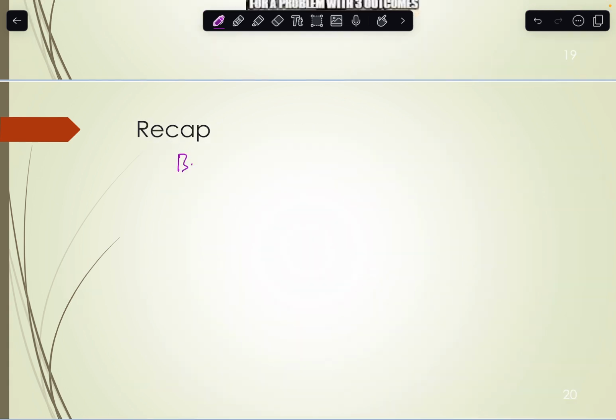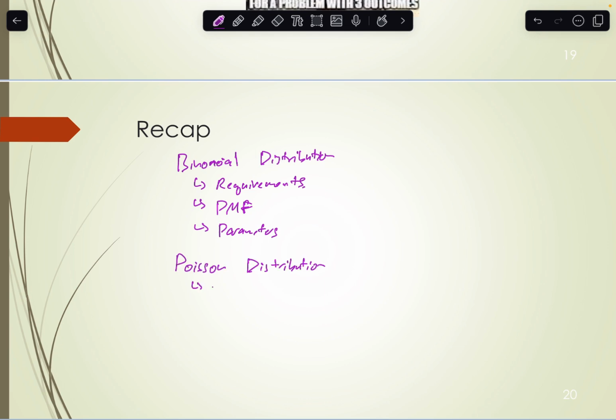Recap. We talked about the binomial distribution. We talked about the requirements in order to use the binomial model. We talked about the probability mass function, which was a little bit hairy, but we just use Excel. And we also talked about the parameters. Then we talked about the Poisson distribution. The requirements must be satisfied to model a situation.